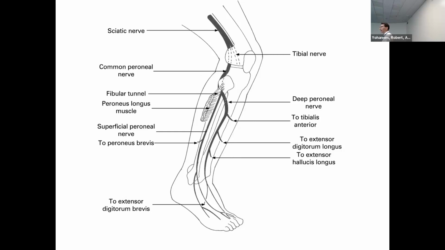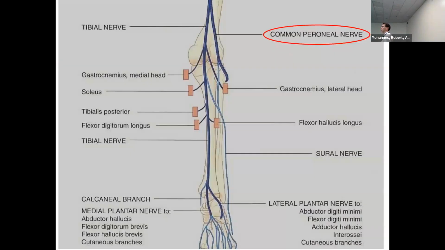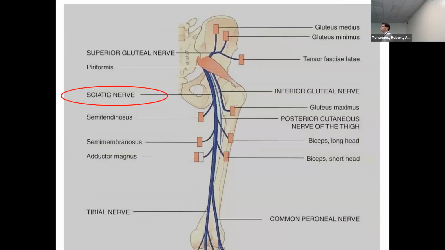So where could it be? Well, many locations. It could be in the sciatic nerve. When people say sciatica, most people actually have it wrong. When they say they have sciatica, what they mean is they have a radiculopathy. But there is such a thing as true sciatica, a sciatic nerve neuropathy.